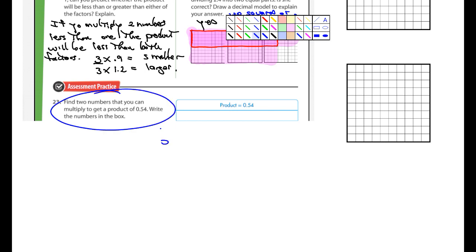Well, what two numbers can you multiply together to get 54? And there's more than one answer for this. What two numbers can you multiply to get 54? You should know your times tables by now.